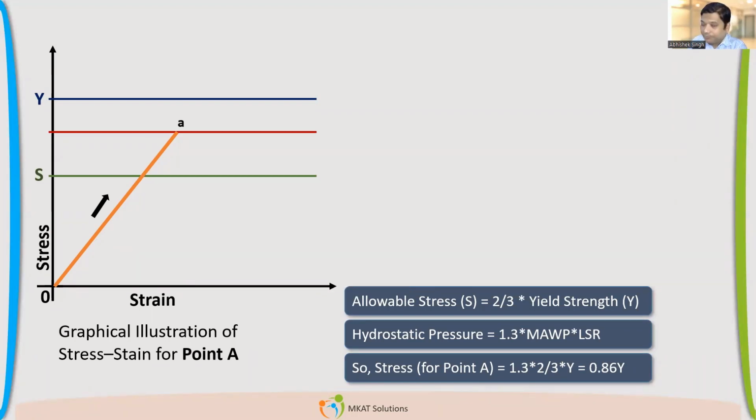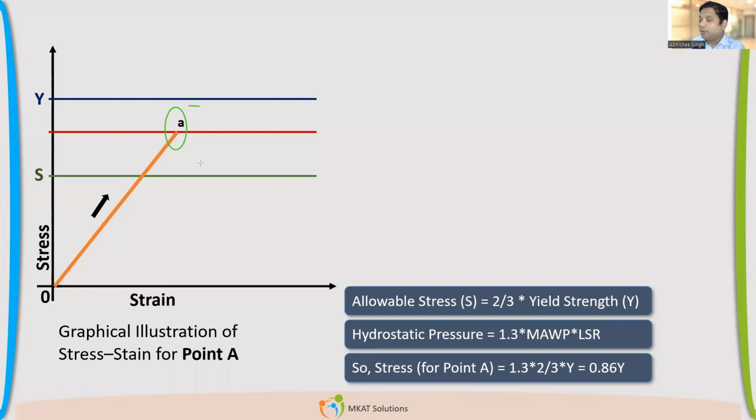So I performed hydro. Point A is at 86% of yield, very close to yield. Will any permanent deformation happen at A? I hope you got it. Great, already answers are pouring in. So the point A, which has gone up to 86%, will any yielding happen?